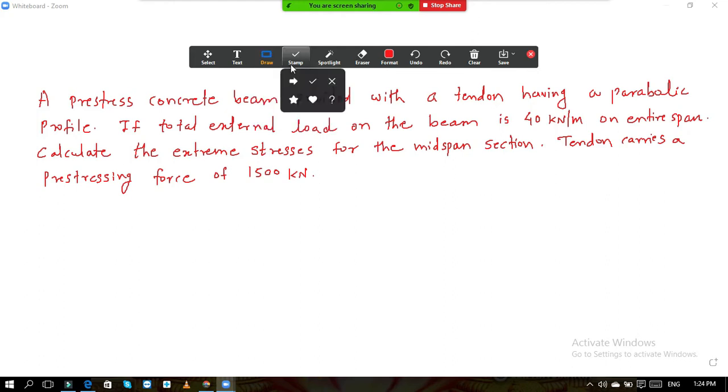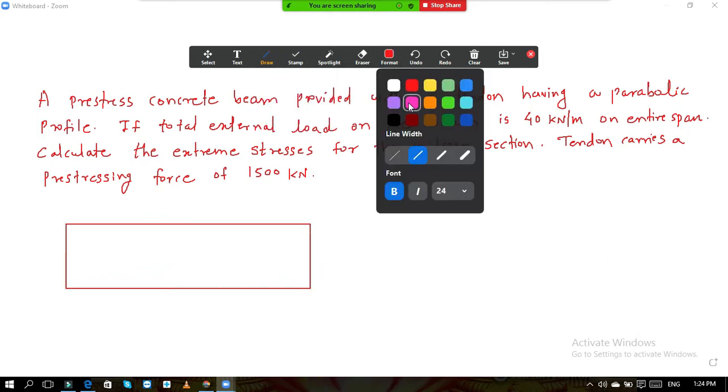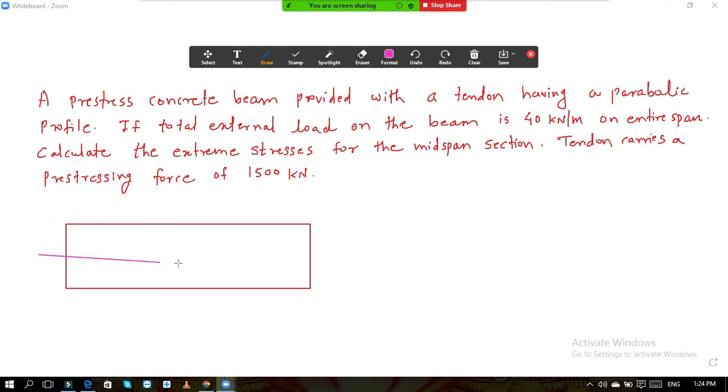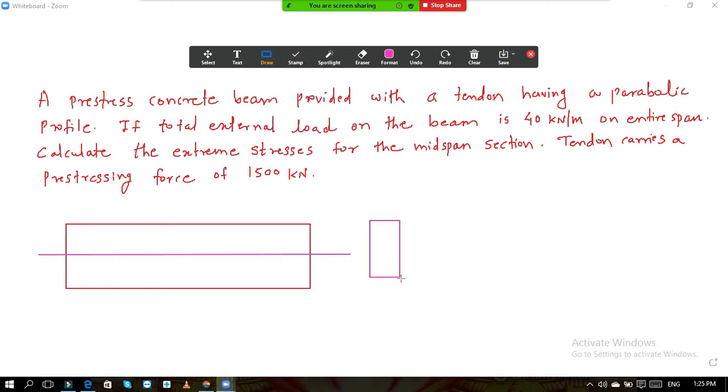I will draw the diagram. This is your neutral axis. This is the cross section, 400 by 600. Cross section is 400 mm by 600 mm.